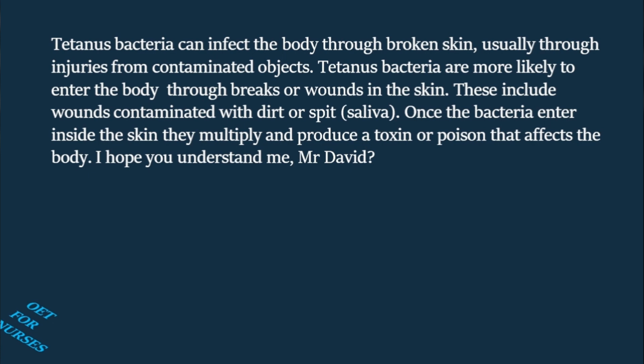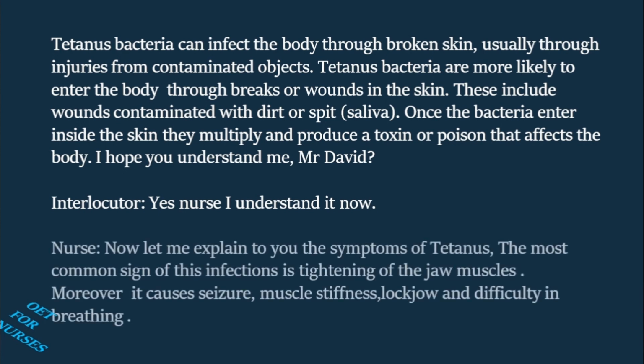This includes wounds contaminated with dirt or saliva. Once the bacteria enter the skin, they multiply and produce a toxin or poison that affects the body. I hope you understand me, David. Yes, nurse, I understand it now.